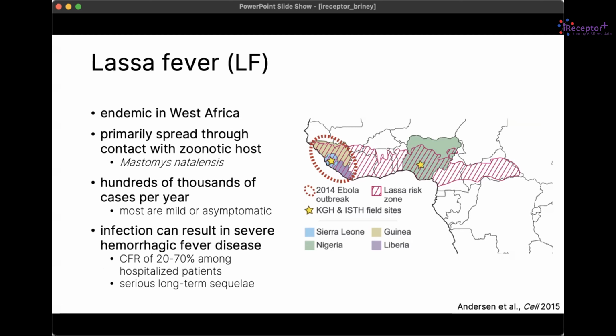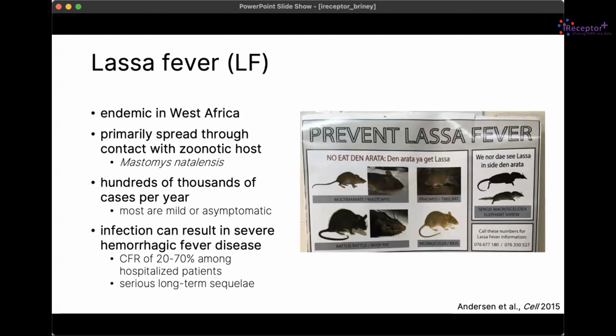There are also serious long-term sequelae resulting from Lassa Fever infection. So although there's a huge number of asymptomatic or mild cases, the severe disease is extremely severe and causes substantial mortality, as well as these long-term sequelae, even in the people that are able to survive.